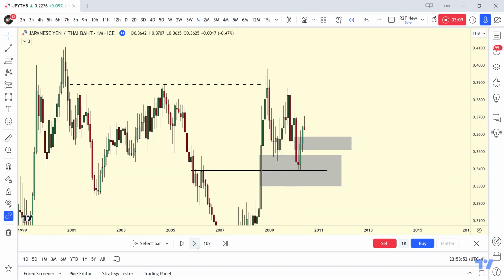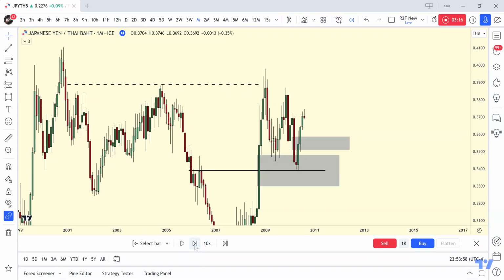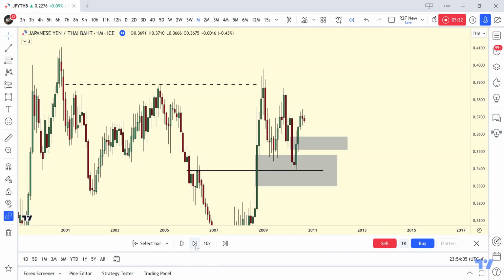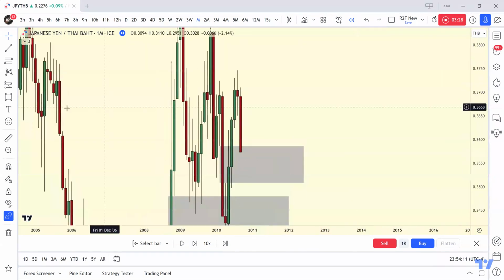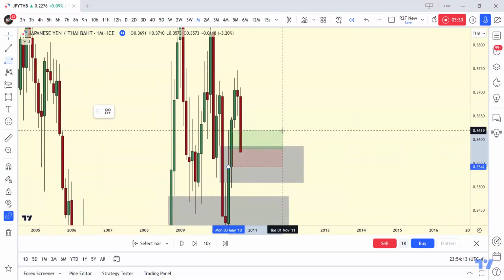With this inversion I'd be keen to possibly take a short if we can come back down into there. Sorry, not a short, a long. Gonna take out the previous month's low, perhaps. Okay, so all right. So we're in here, and I just want to highlight this monthly wick as well.